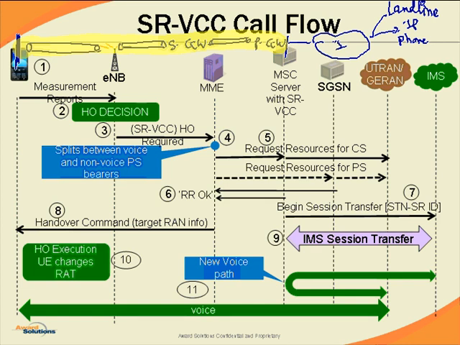However, I have seen recently that at least in the standard, we have a lot of new features coming up. There is so-called enhanced circuit switch fallback. So in these kinds of situations, we can do voice with 1X, and we can do data with EVDO.